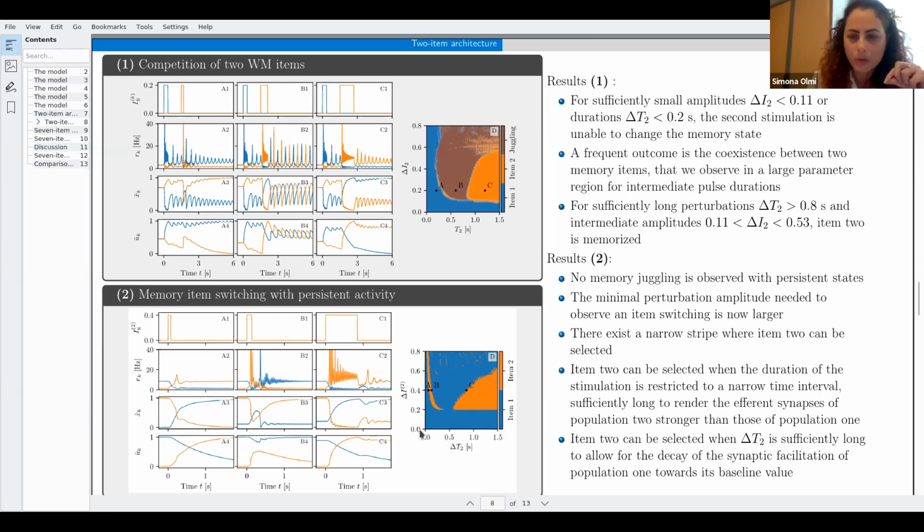And the minimal perturbation amplitude needed to observe an item switching is now larger than in the other case. Another difference with respect to the other setup is that there exists a narrow stripe where item 2 can be selected, and then we observe more or less the same behavior for intermediate amplitudes and large durations.